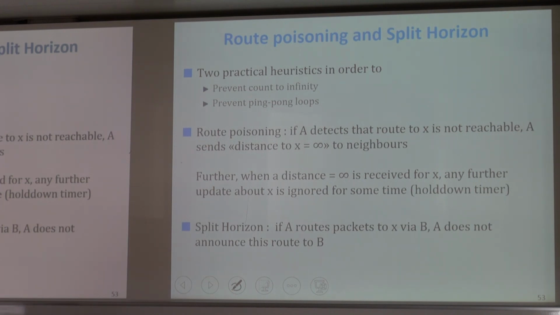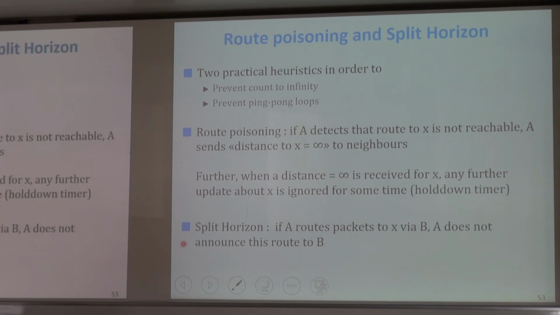Route poisoning says: instead of silently discarding a route that's infinite, when a router has an infinite route to some destination, it will actively send the information, my distance is equal to infinity, to the neighbors. So that will, as we will see, accelerate the convergence.